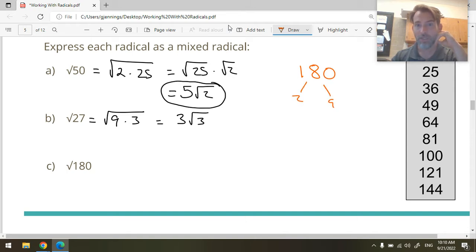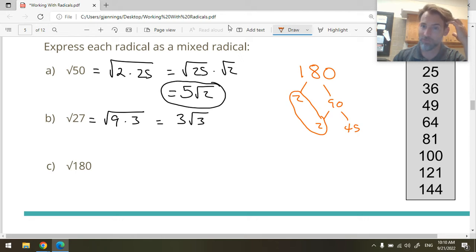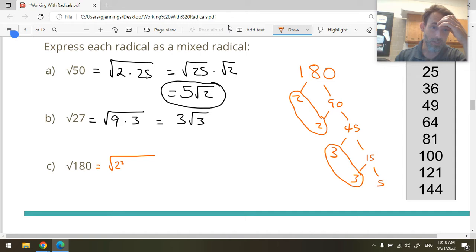2, 90. 2, 45. I already see that 2 2's came out. That's a pair of 2's. That's 2 squared. There's at least 4 as a factor in 180. 45, well, that's 3 times 15. 15 is 3 times 5. And there's a pair of factors as well. So I could write this as the square root of 2 squared times 3 squared times 5.